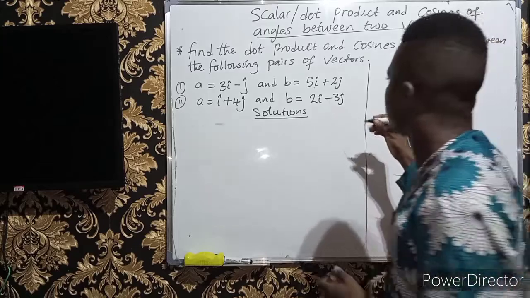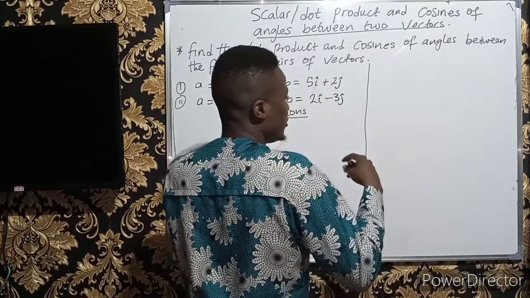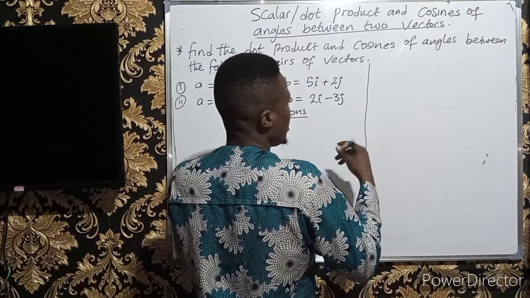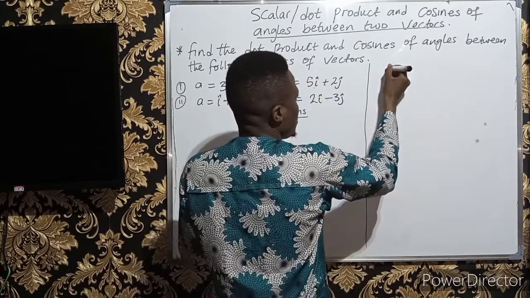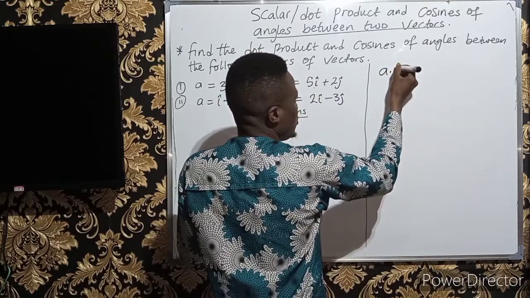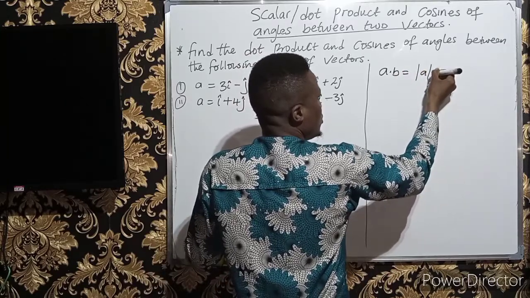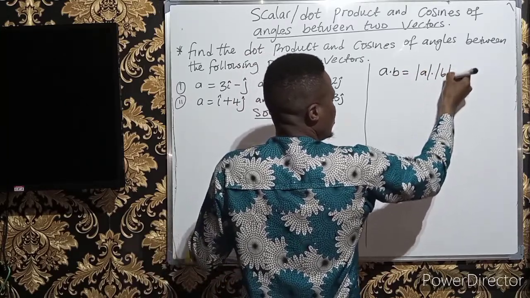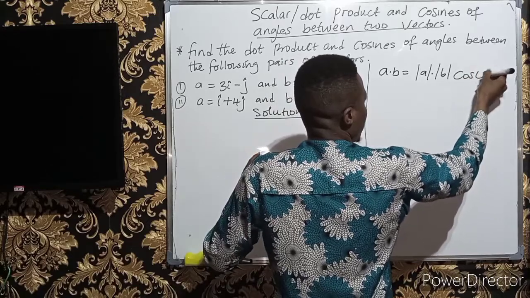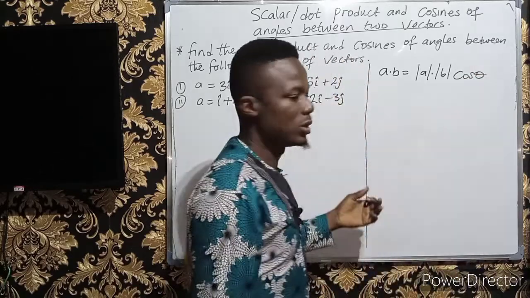Now, if you want to talk about the scalar product of two vectors, let's say we are talking about vector A and B. So the scalar product of vector A and B, written as A dot B, is equal to the product of the modulus of A and the modulus of B, then multiply by the cosine of angles between them.